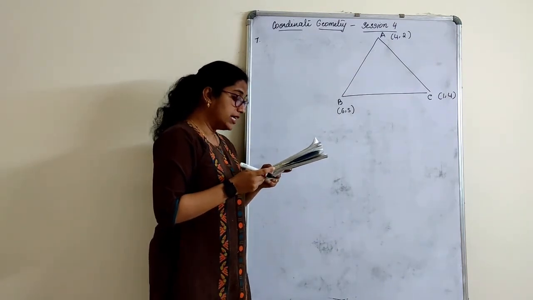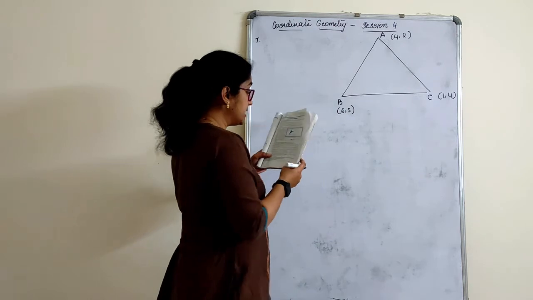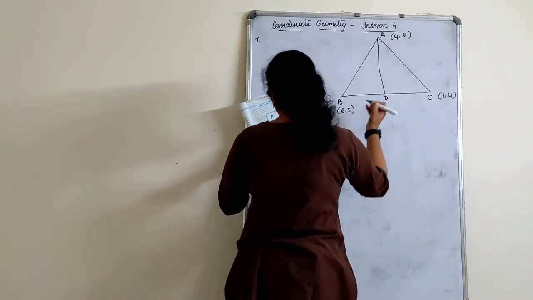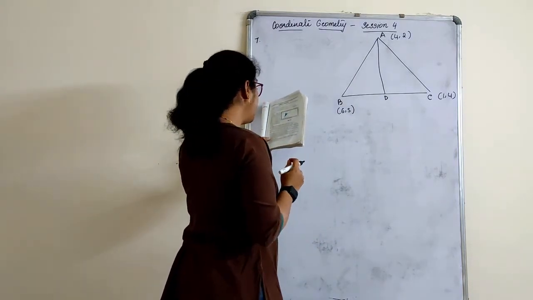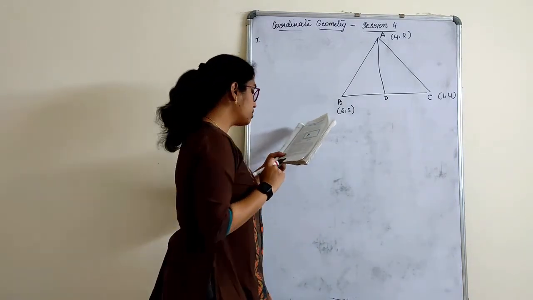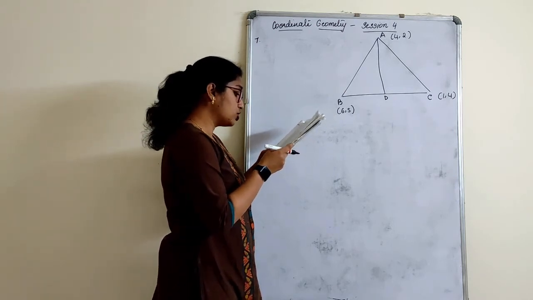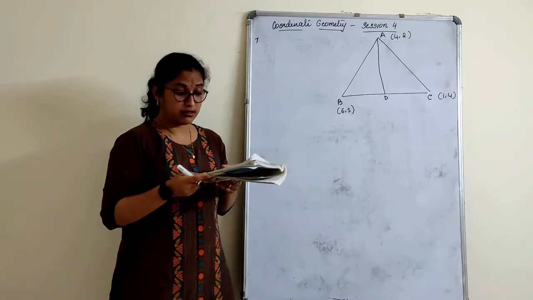First point, the median from A meets BC at D. So, AD is the median. Find the coordinates of point D, the coordinates of point P on AD such that AP is to PD is in the ratio 2:1.